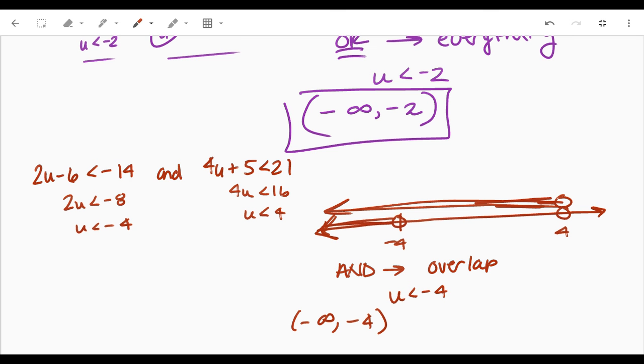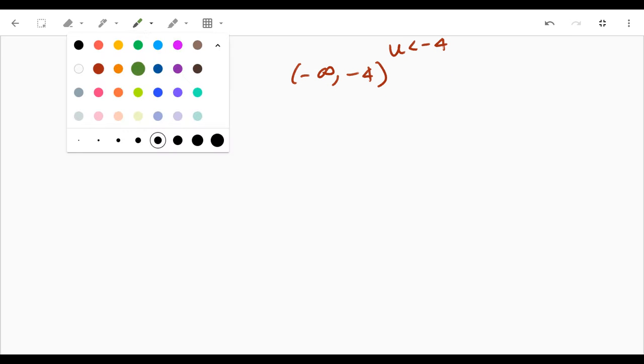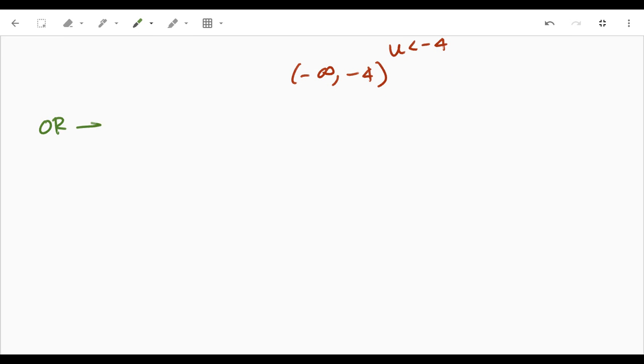All right, now let me give you a couple things here. Again, if it's or, we take everything. If it's and, it's only the overlap.